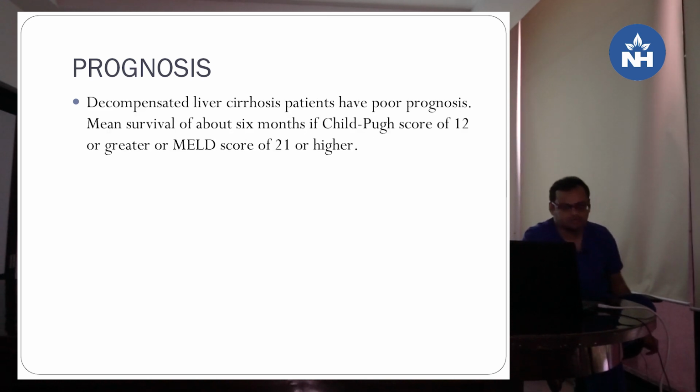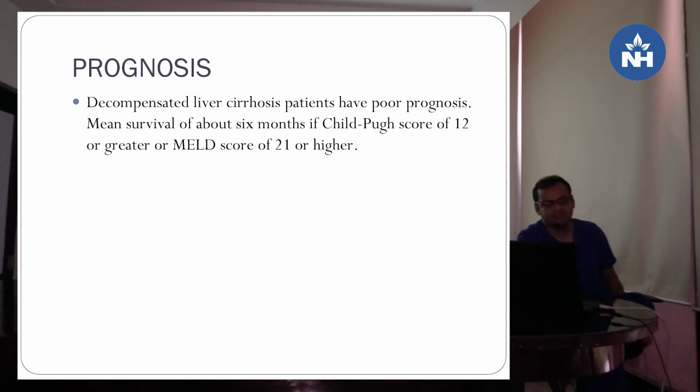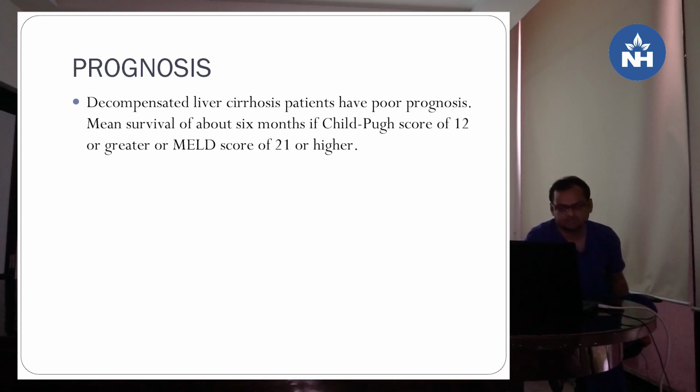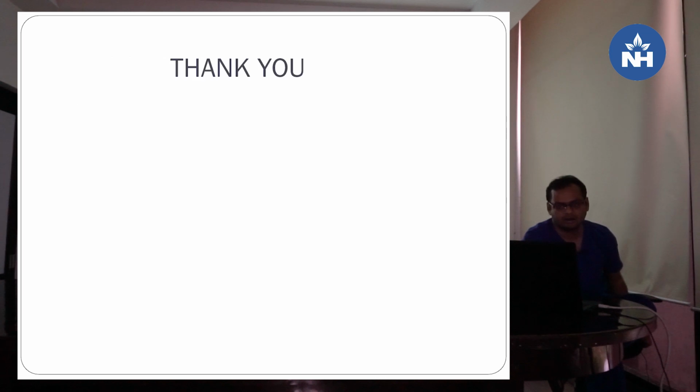Overall, patients with decompensated liver disease have a poor prognosis, with mean survival of about 6 months if the Child-Pugh score is 12 or more, or the MELD score is 21 or higher. That's all. Nowadays, there are multiple studies going on regarding palliative care in end stage liver disease, and a multimodality approach is also implicated.